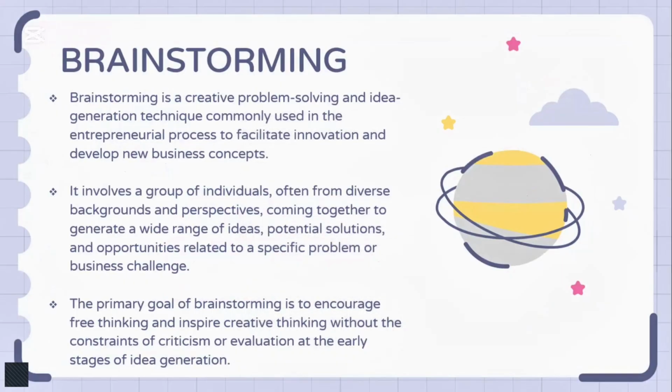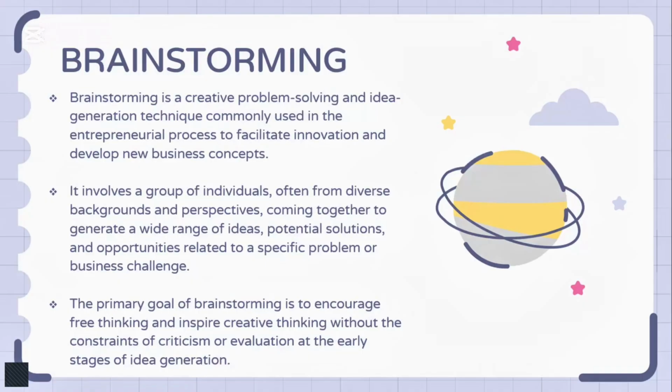But this one here with brainstorming, what we are looking at is where a group of people will come together, and you try to make sure that group is diverse in nature, because you want to get as much of a diverse perspective as possible. And what we try to do is make sure that in brainstorming, persons are allowed to throw out as many ideas as possible without any form of criticism.